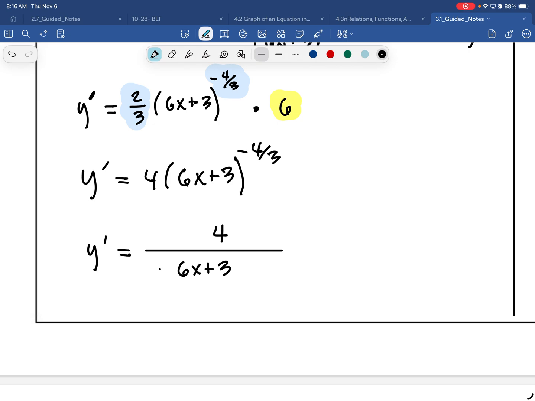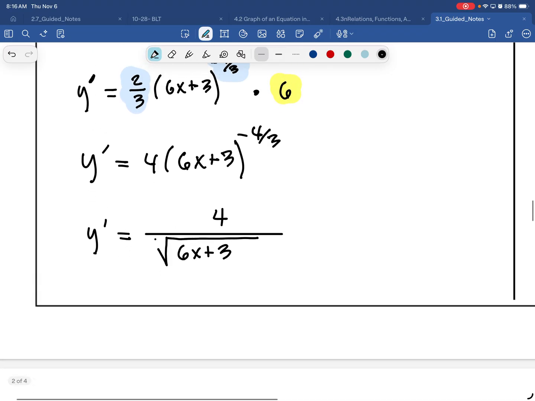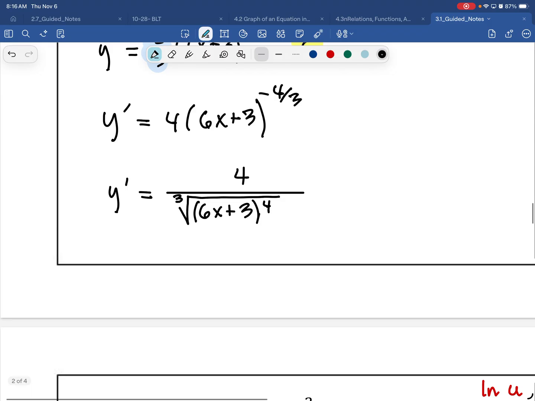Because the exponent is 4/3, you're going to get a cube root, and this is going to be raised to the 4th power because of the 4/3. Easy peasy.